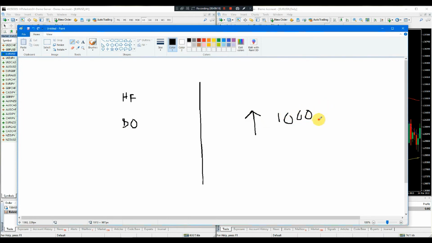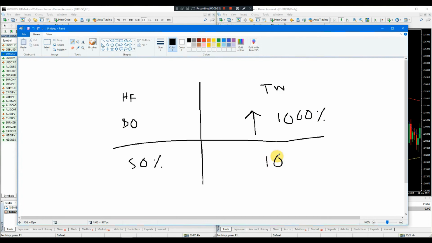So this is how it's different from the MAUD. For the MAUD, what happens is you lose 50% on one side, then on the other side you gain 100%. Now for the extreme, you lose everything in one account, but gain significantly more on the other side.